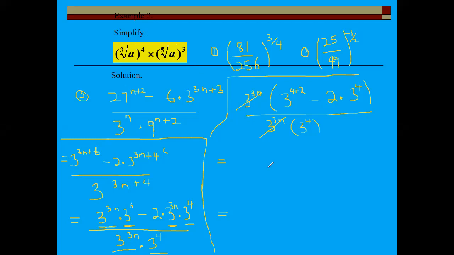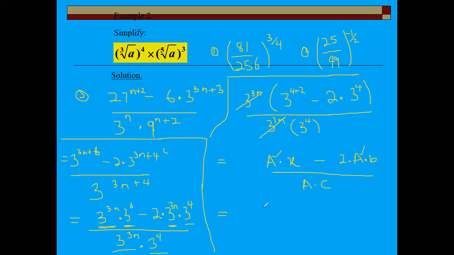Let's say you have a times maybe x, then minus a times, let's say, b, all over a times c. Expanding this, because you have a here and you have a here, you can factorize.